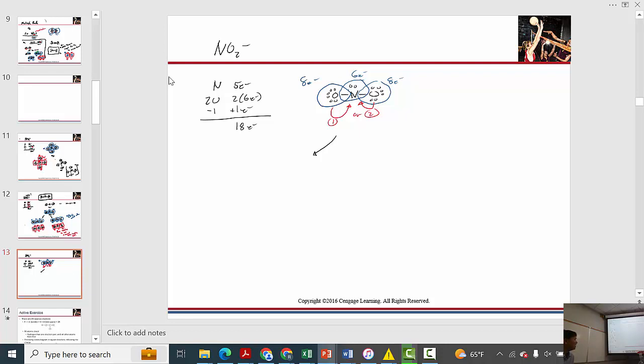And so let's say one donates a lone pair, it's going to be left with two bonding pairs and 2 lone pairs. And the other oxygen keeps everything. That's 1. But this is kind of like a flip of the coin, right? It could be either 1 or 2.